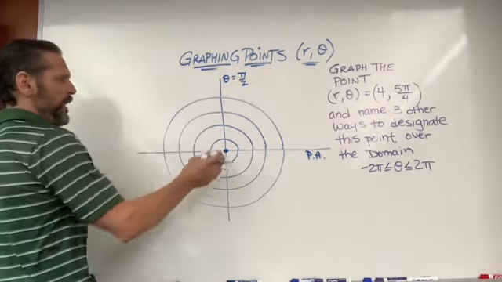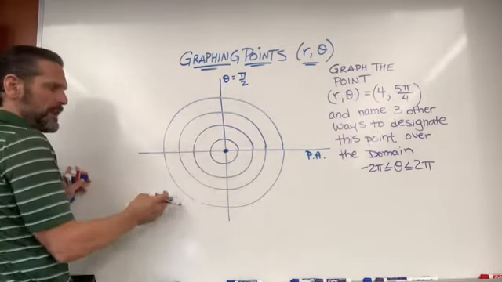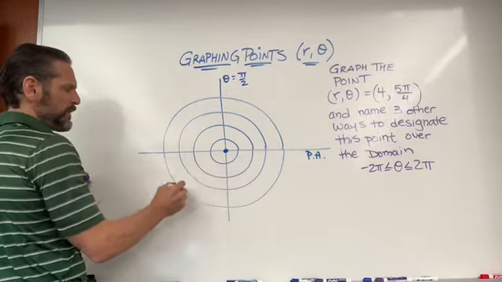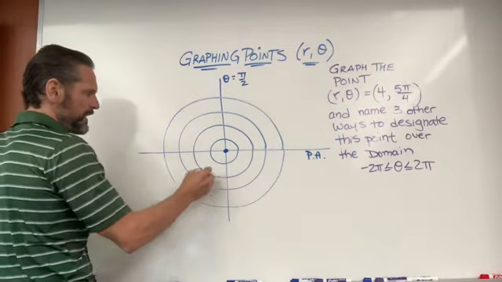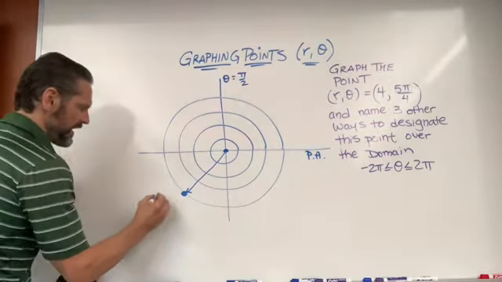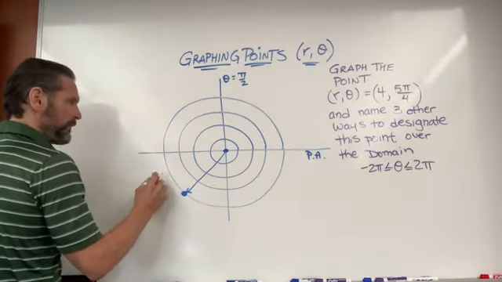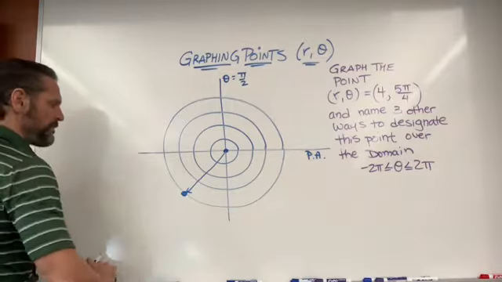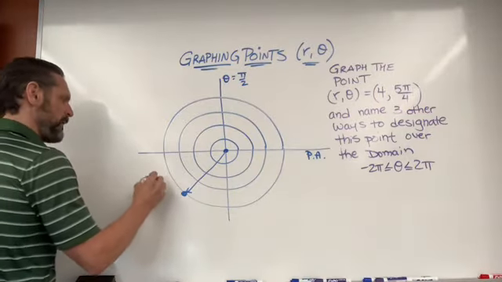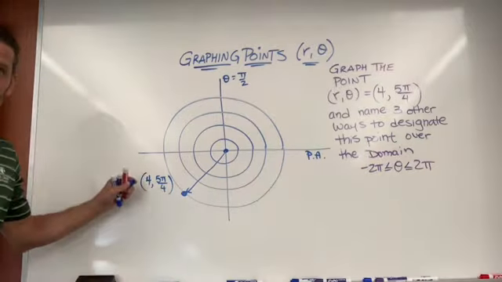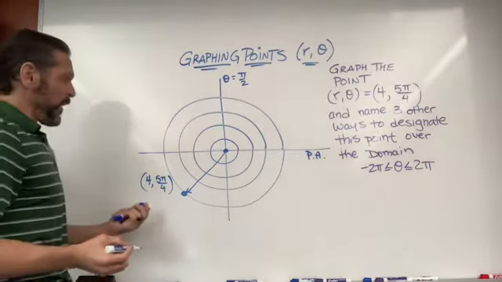So 5 pi over 4 is going to be down here in quadrant 3, and it's a distance of 1, 2, 3, 4. So here's my best estimate, and I can say, here is my point, 4 comma 5 pi over 4. Directed distance 4, 5 pi over 4. There's the point.